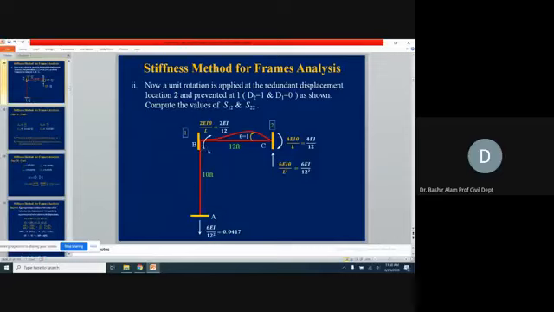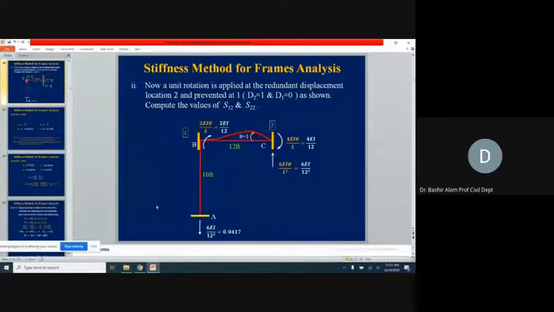Because to keep this B joint in equilibrium, and to keep this member AB in equilibrium, it will be in the downward direction. Why? Because at B it was in the upward direction, so at A it is becoming in the downward direction, 6EI over 12 square. Coming to member AB now, here we are not applying any rotation, any translation, so no member end actions will be generated here.